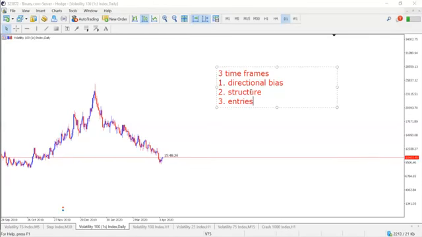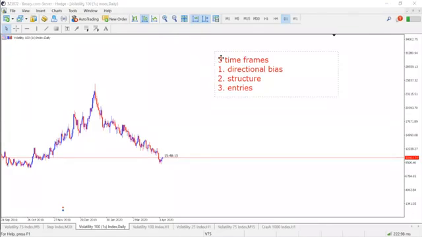Another thing you need to avoid doing: I understand that a lot of people love those lower time frames, right? But with lower time frames, there is a lot of noise.